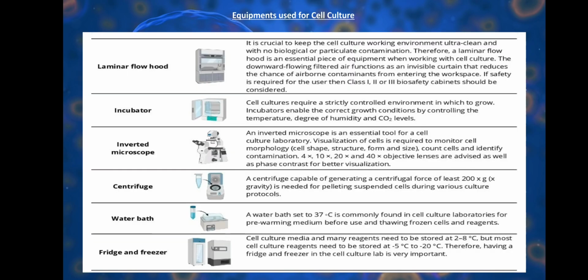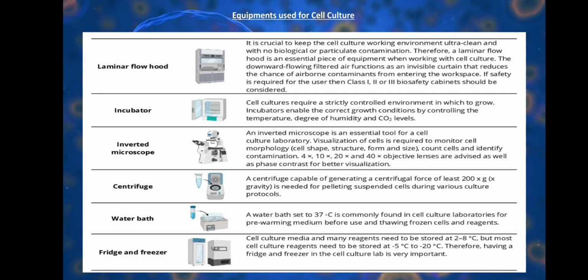Now let's move on to equipment used for cell culture. First one and an important one is laminar airflow. It's crucial to keep the cell culture working environment ultra clean, with no biological or particulate contamination. So in order to do that, a laminar airflow hood is an essential piece when working with cell culture.